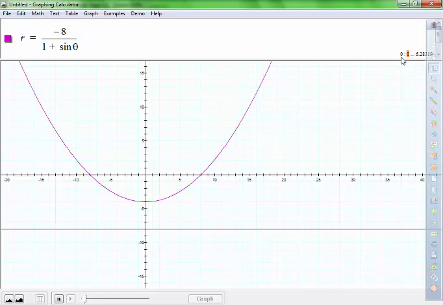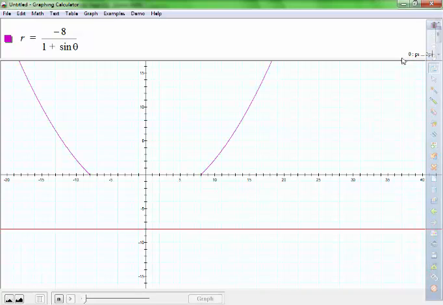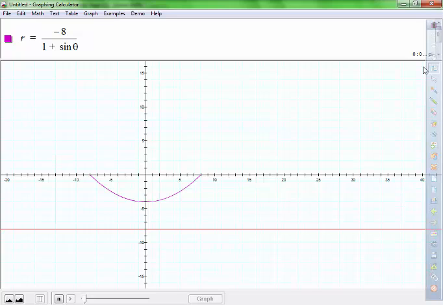Pi to 2 pi? Pi to 2 pi actually is this other half. 0 to pi? Yeah, so it's like a guess and check.